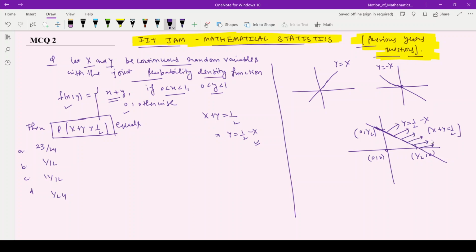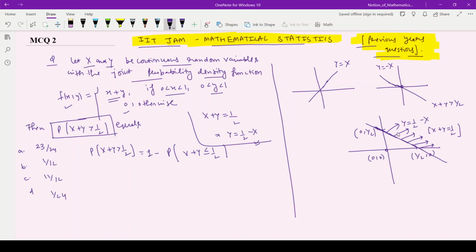Now instead of working upon this region x plus y greater than 1 by 2, what can I do? I can write the probability of x plus y greater than 1 by 2 as 1 minus the probability of x plus y less than or equal to 1 by 2.